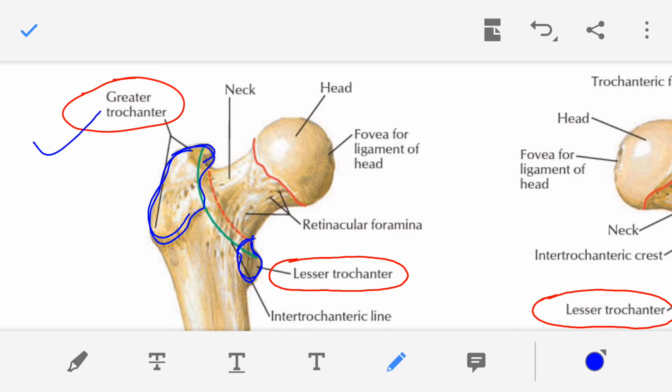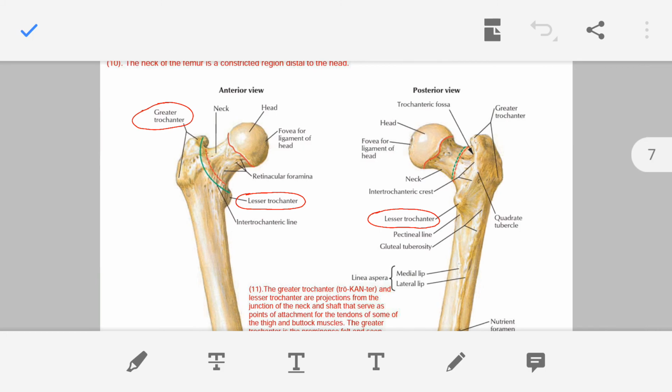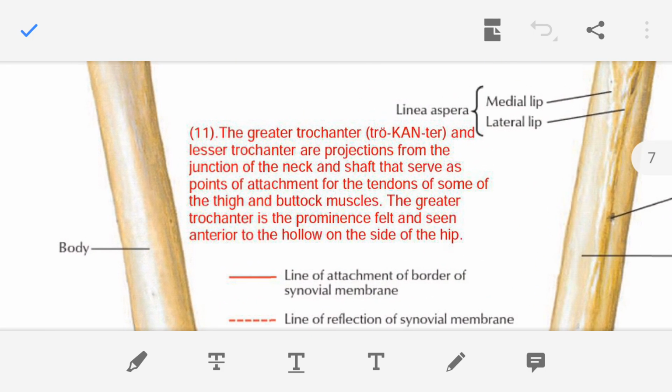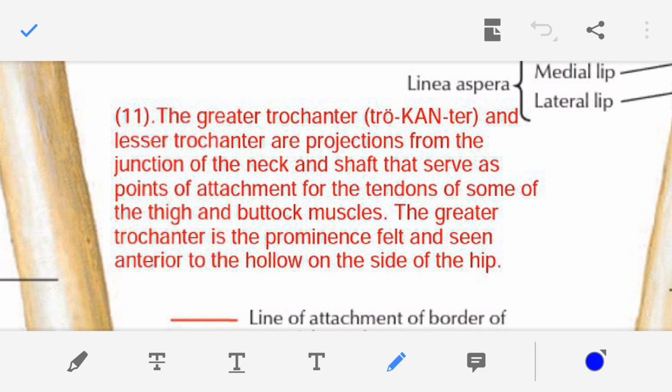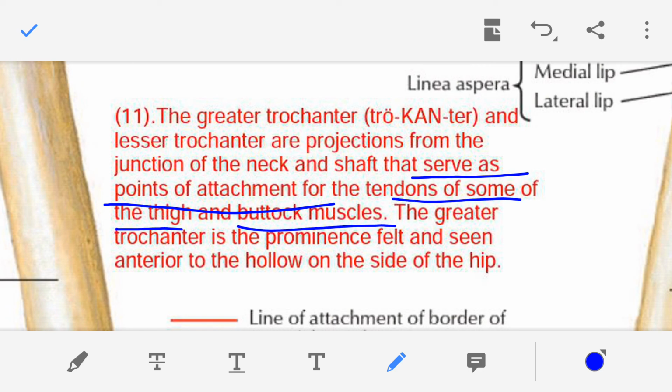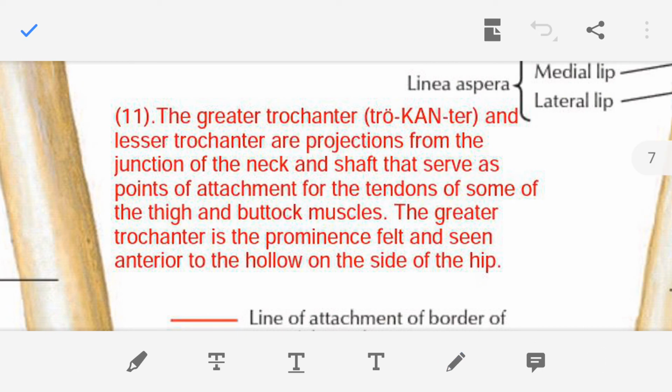These two projections are known as the greater trochanter, and this one is the lesser trochanter. Now what are these trochanters meant for? They serve as the point of attachment for the tendons of some of the thigh and buttock muscles.